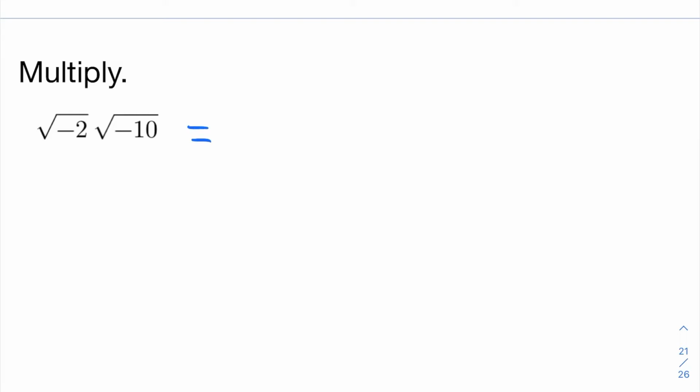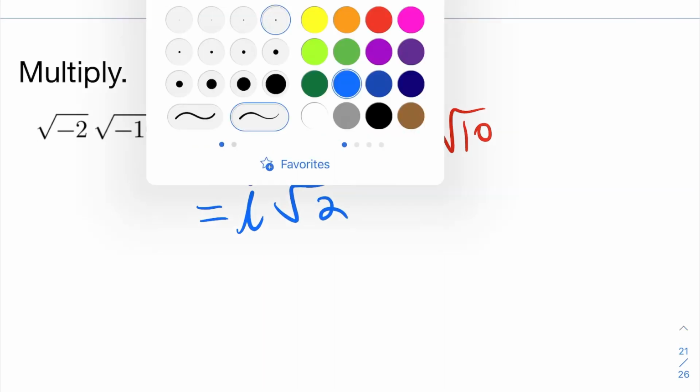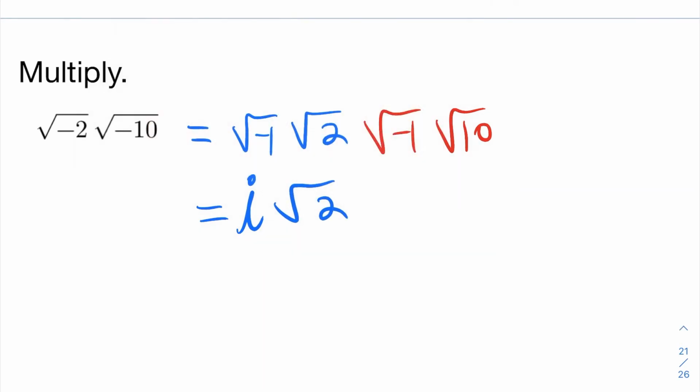Even index, negative radicand. This one is the square root of -1 times the square root of 2. And the second one is the square root of -1 times the square root of 10. We needed to isolate these i's so we wouldn't use the wrong multiplication rules. This i also, so we wouldn't use the wrong multiplication rules.